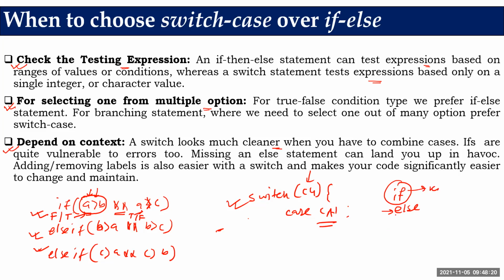So if we look at the complexity of writing the code, I'm not saying if else is too complex, but whenever you have only one value, in that case, switch case is far better than if and else. Only one single integer, character or enumeration, correct? We have seen an example of character, and definitely we'll see examples of the other two as well.